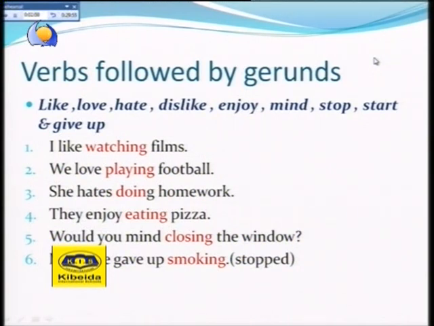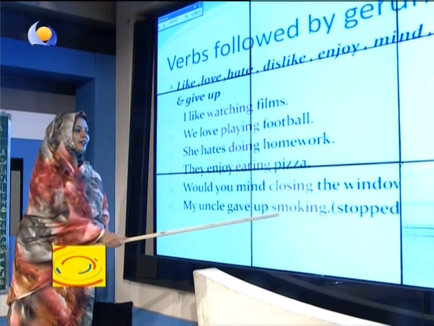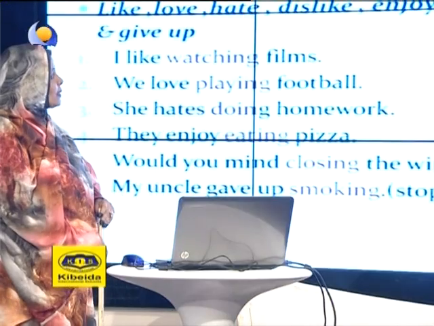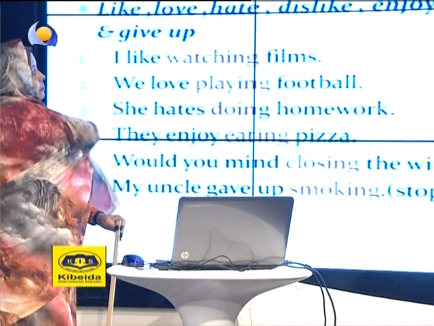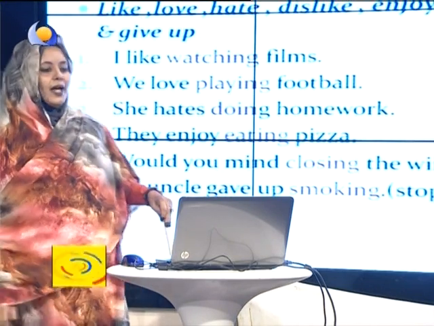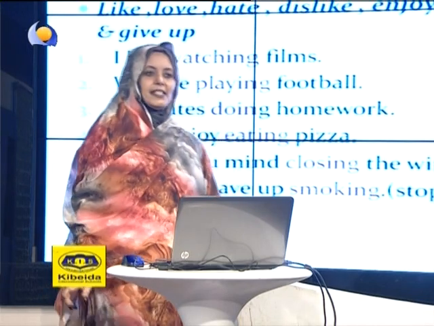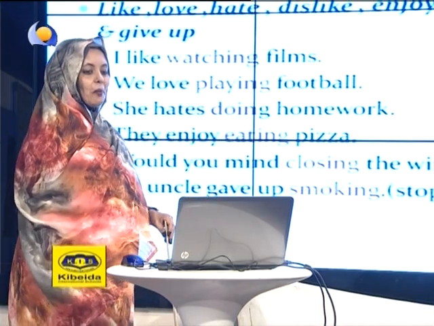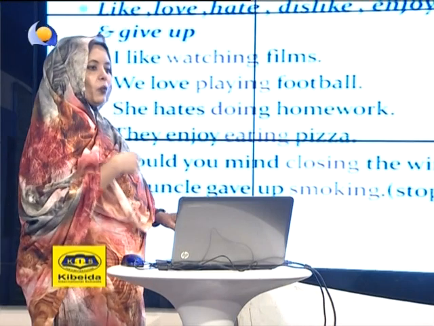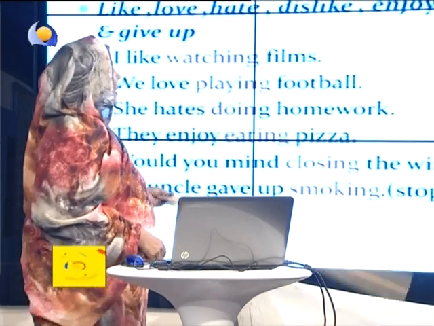My uncle gave up, stopped smoking. Okay? So this is about verbs that are followed by gerund. Whenever they appear, like, love, hate, dislike, enjoy, mind, stop, start, or give up, what's coming is a gerund.